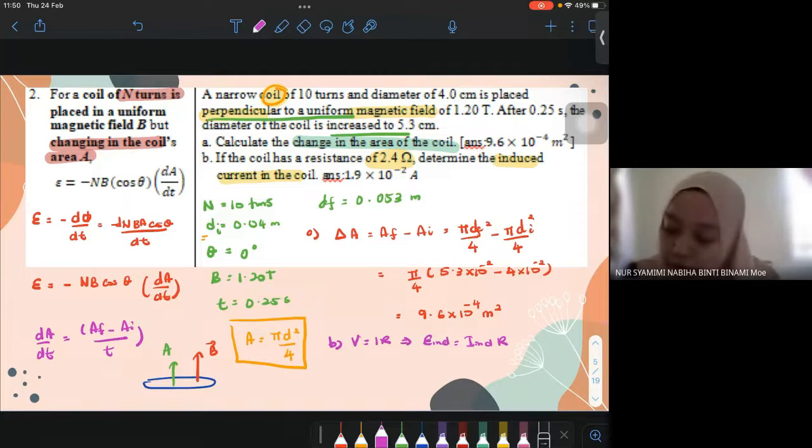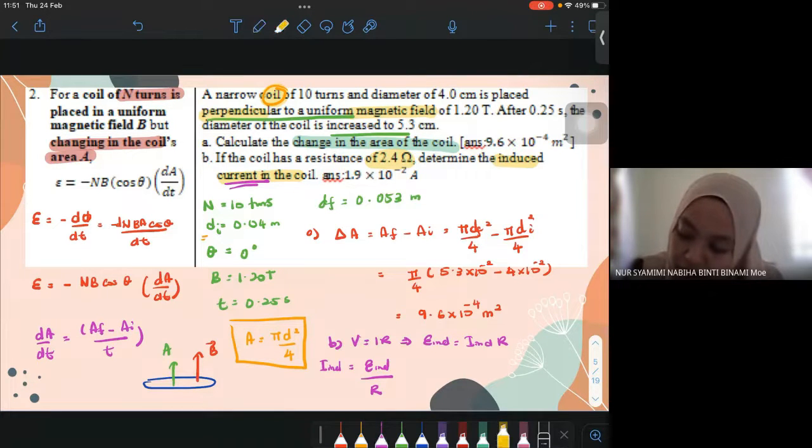So, we want to find I induced, betul? Induced current. So, I induced equals to E induced over R. So, how you want to find E induced untuk changes of area?